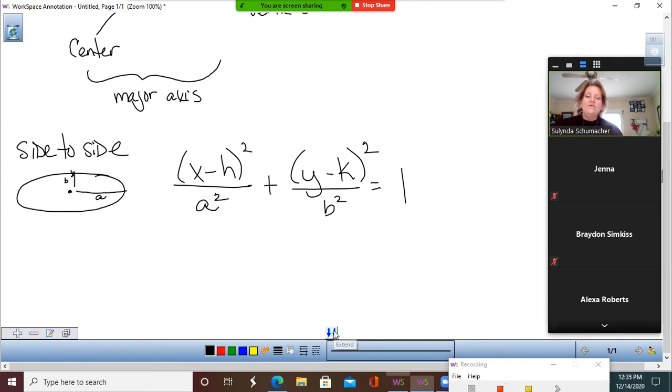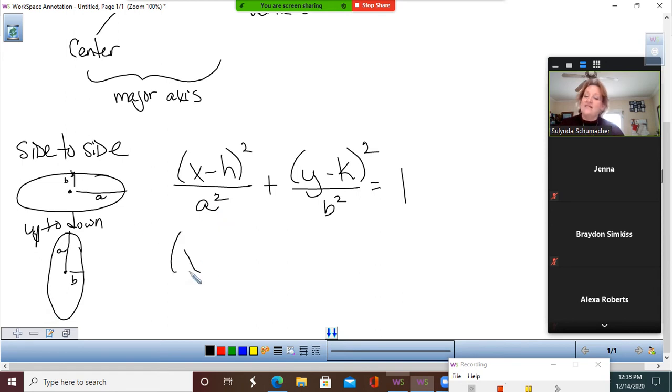All right, so the only difference is when it stretches up to down. Again, from the center to the long way it's stretched is A, and from the center to the short way is B. So how does that change our equation?